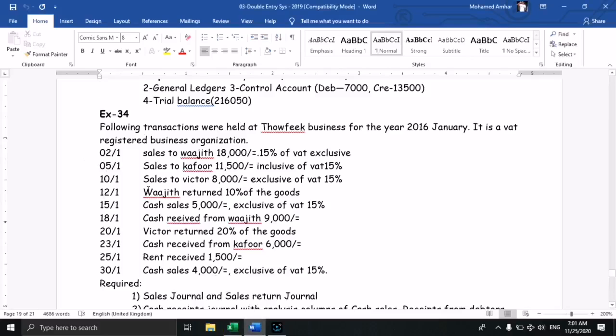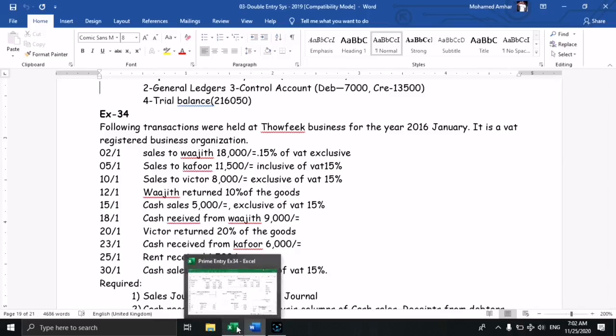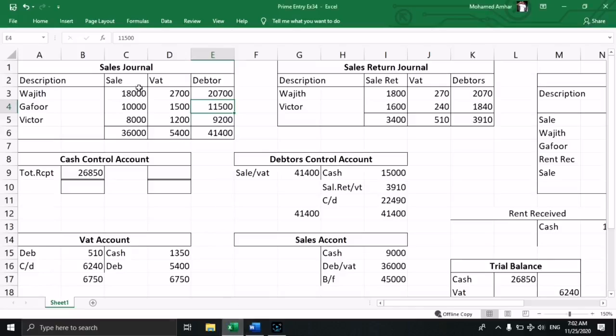Date is 10. Sales to Victor 8,000 exclusive of VAT 15%. Exclusive of VAT means in this 8,000 the VAT is not included. So you have to calculate 15% for 8,000 and record it in the sales journal.